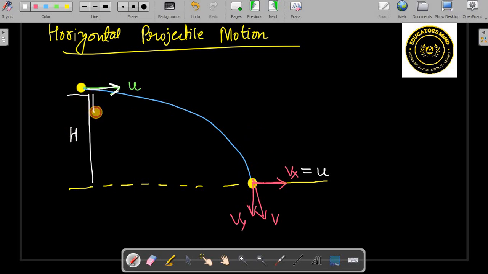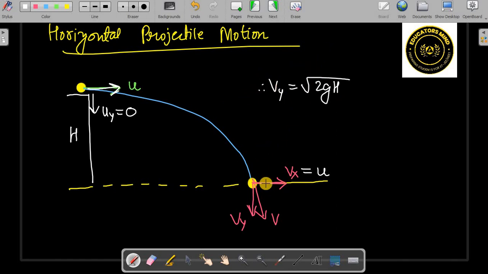Initially the vertical component was not there. In the vertical direction it is like a drop, the object is dropped, right? So we can calculate vy directly. Vy can be calculated as root under 2gh, using initial velocity 0. One-dimensional free fall, we have seen those concepts, we can directly apply.